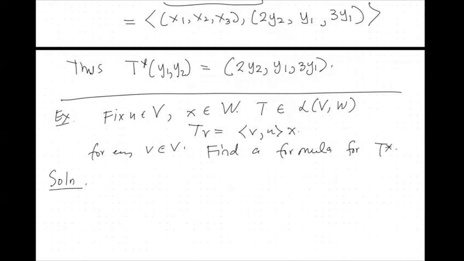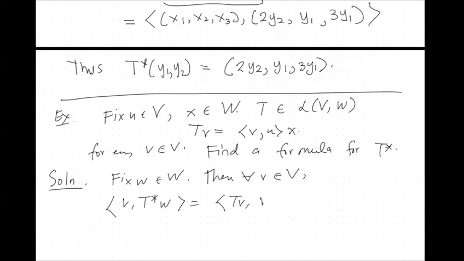Solution: fix your w in the vector space W. Then for all v in the vector space V, the inner product of v and T star of w is just the inner product of T of v and w. We know T of v is just the inner product of v and u, times x, and then w.